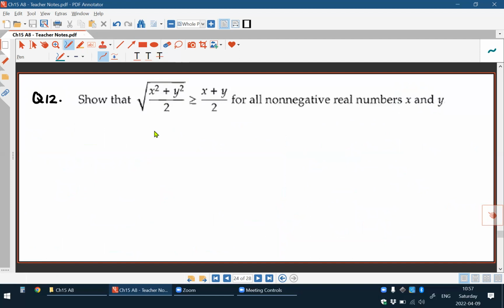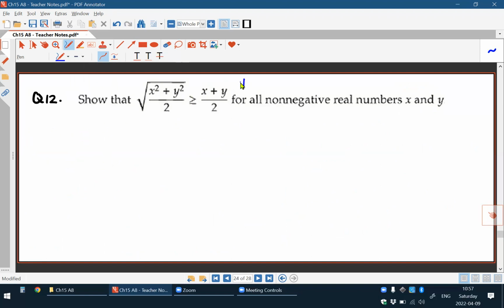Okay, show that the square root of the sum of 2 squares over 2 is always greater than or equal to the, so what does this call? This is called arithmetic mean, right? For all non-negative real numbers x and y. Again, you can approach this problem backwards or forward.